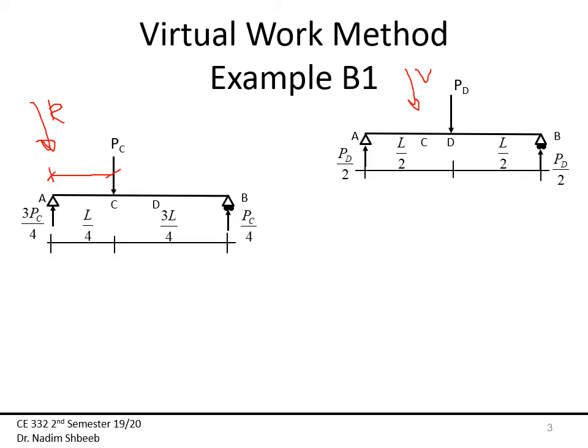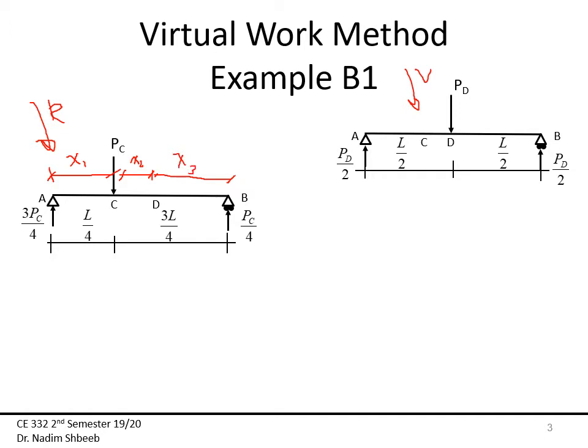But since I have another force at D, I also need another section from C to D. So I'll call this X1, then this would be X2, and then I have the rest, which is X3.